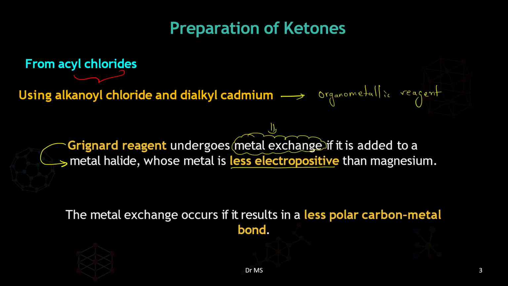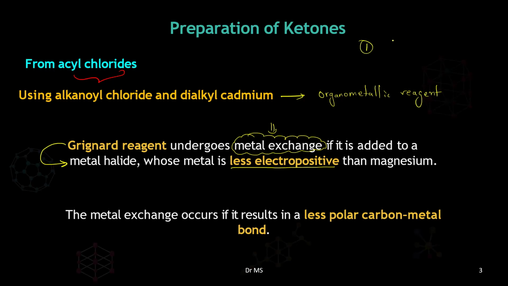When does the metal exchange happen? When the Grignard reagent reacts with what? Metal halide. And the metal should be less electropositive. So just remember, two things will happen here.